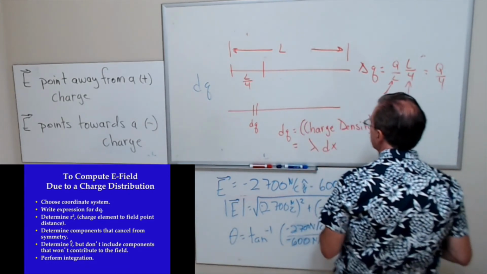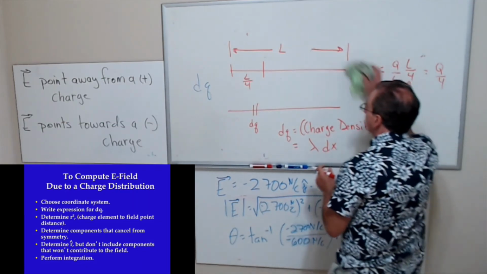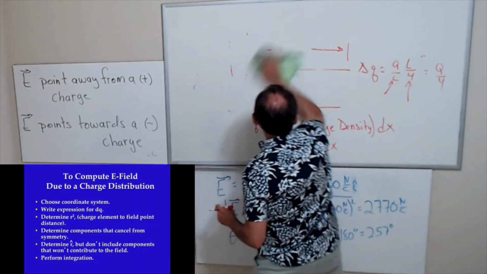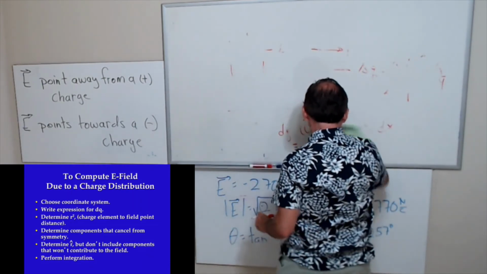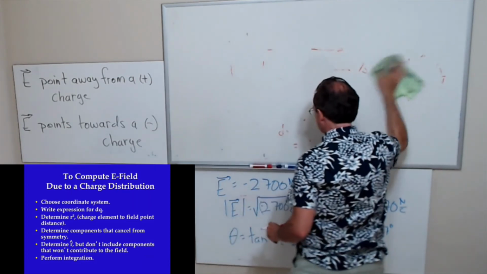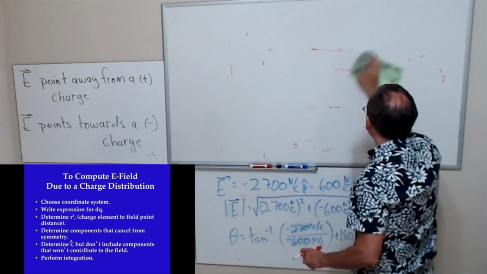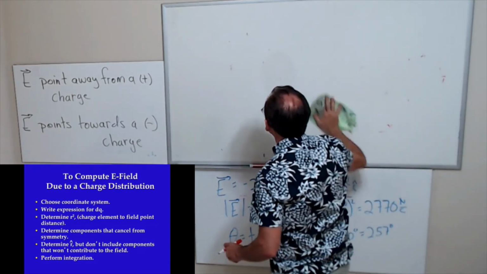Now, for a two-dimensional object like a disk, let's do a disk and say, wait a minute. This is two-dimensional. How do you do a two-dimensional object with a single integral?